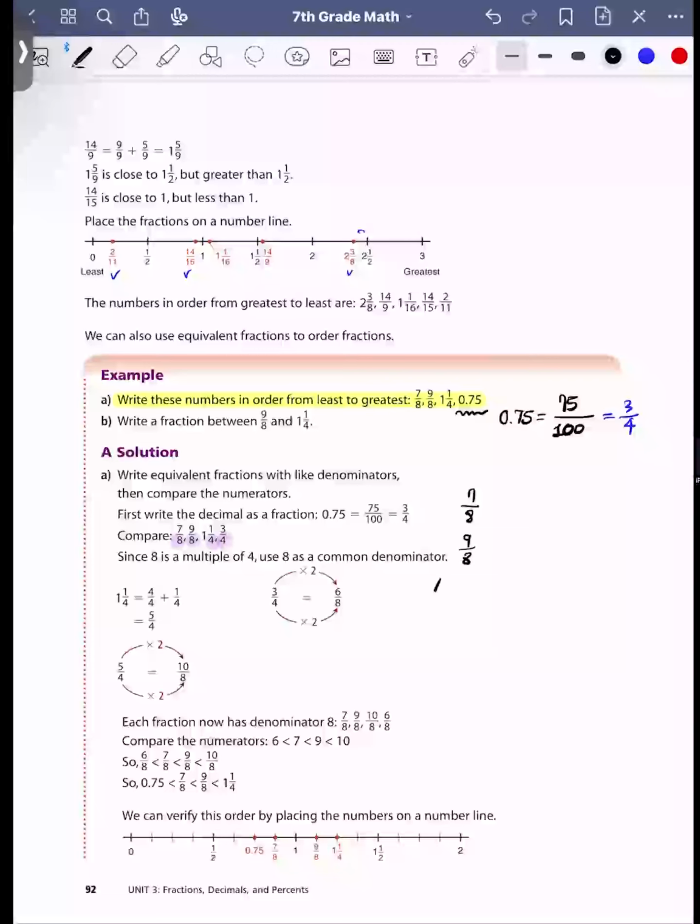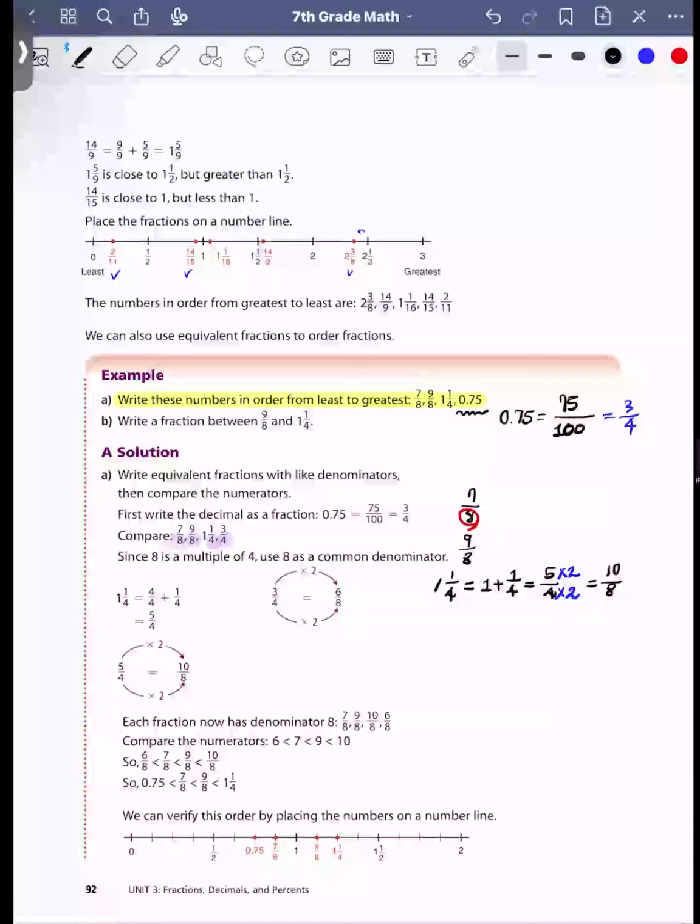But if we look at this fraction right here, 이 대분수를 같은 denominator, 같은 분모를 가진 분수로 바꾸려면, since this is 1 plus 1 over 4, you can say that's 5 over 4. And what you can do is multiply 2 to both numerator and denominator, which will give us 10 over 8, right?